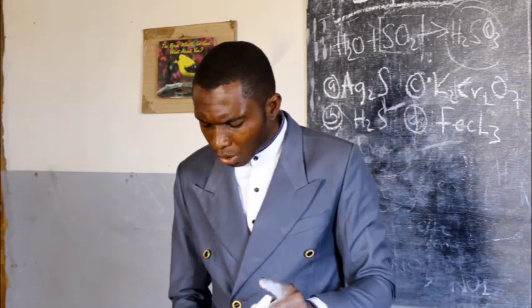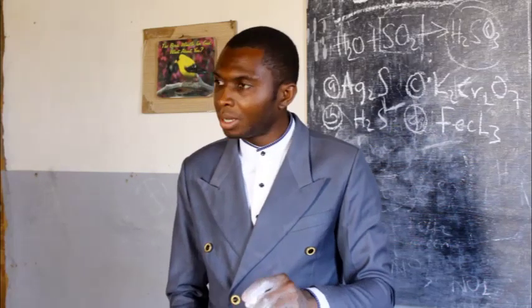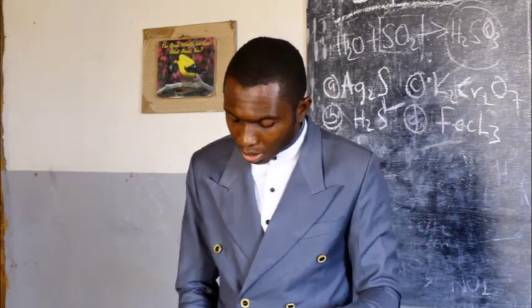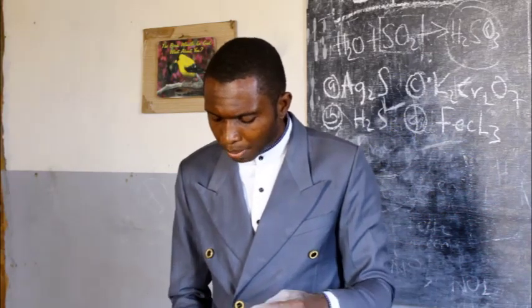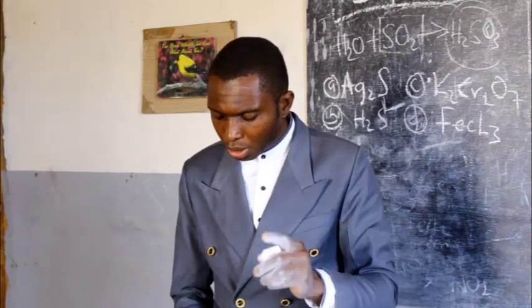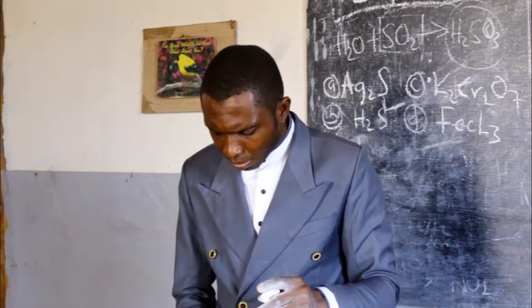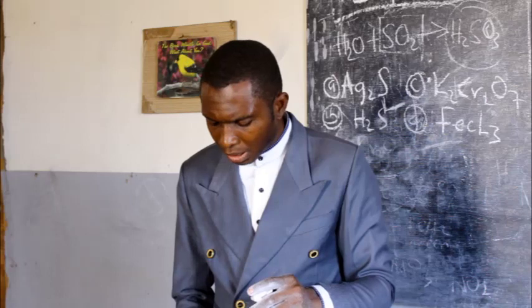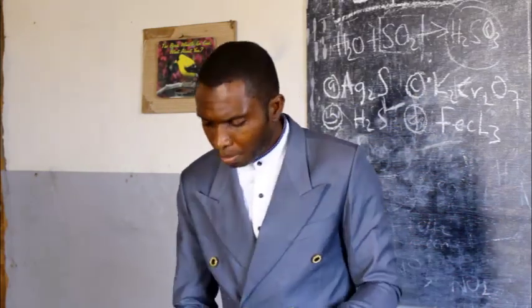Which property of sulfur is used in its extraction by the Frasch process? A. Allotropic nature, B. unstable nature, C. transition temperature, D. non-metallic nature, E. low melting point. It's because of its low melting point.